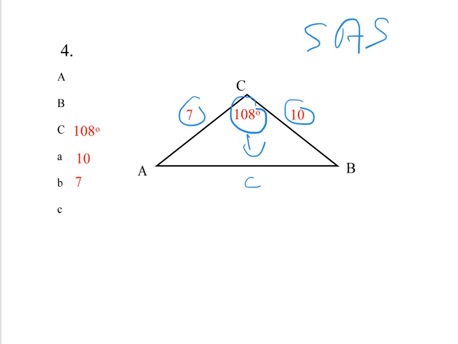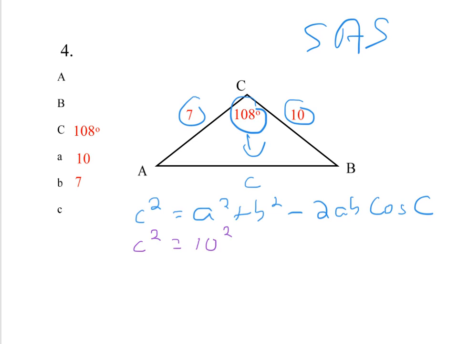I know that c squared is equal to a squared plus b squared minus 2ab cosine C. So now I'm going to throw in my values. C squared is equal to a squared, which of course is 10 squared. B is 7, so that's 7 squared, minus 2 times a, which is 10, times b, which is 7, times cosine of 108.